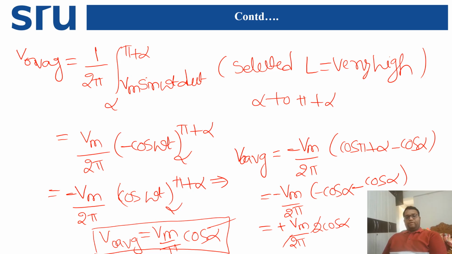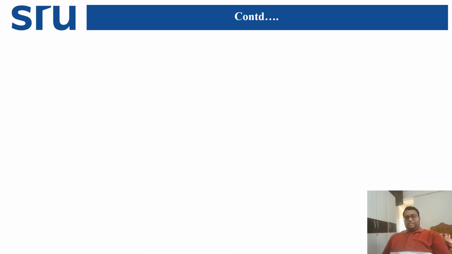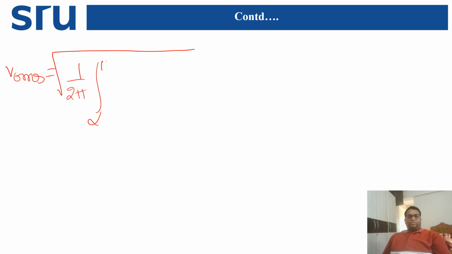Coming to the next, now we will see the V naught RMS derivation for the case where the inductor value is selected very high. Now V naught RMS is equal to square root of 1 by 2 pi integration from alpha to pi plus alpha of Vm square sine square omega t d omega t. In this case, Vm will be common, and the square root will get cancelled.